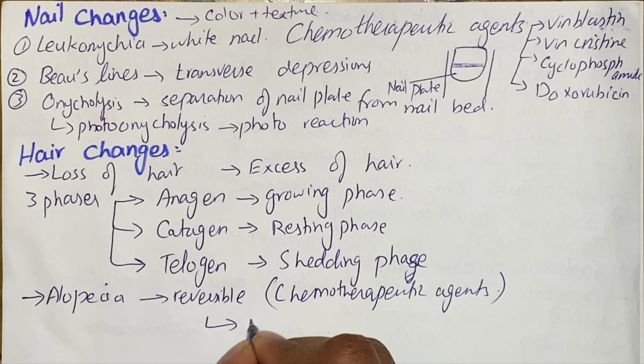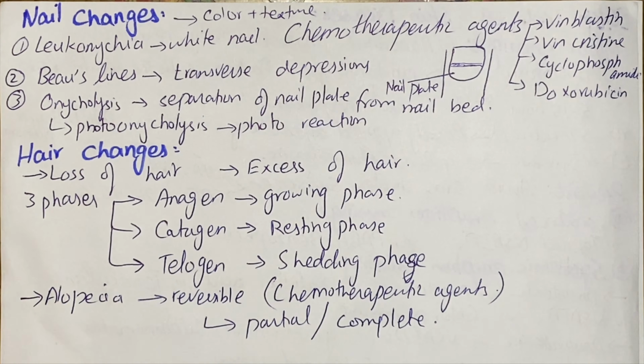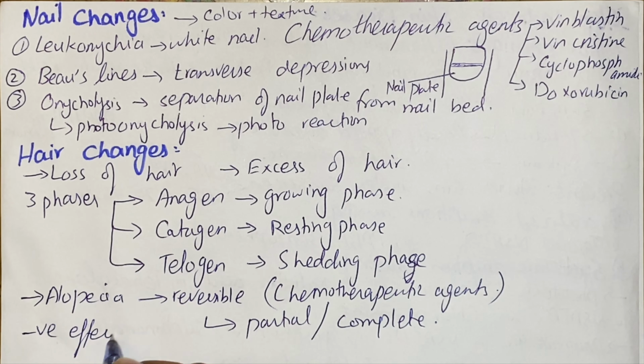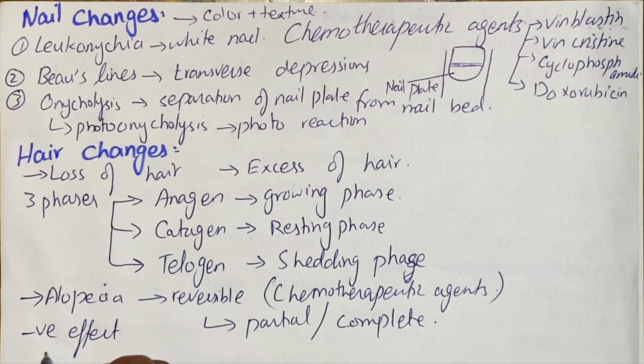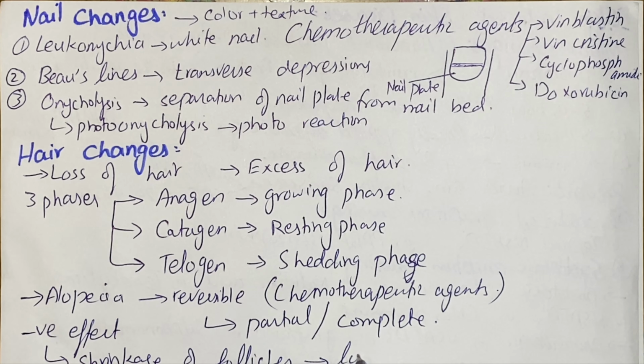And how do these therapeutic agents actually cause this alopecia? Because these therapeutic agents have a negative effect on the growing phase, the anagen phase of the hair follicles. So when this happens, there is shrinkage of follicles, and when there is shrinkage, there is ultimately loss of hair.